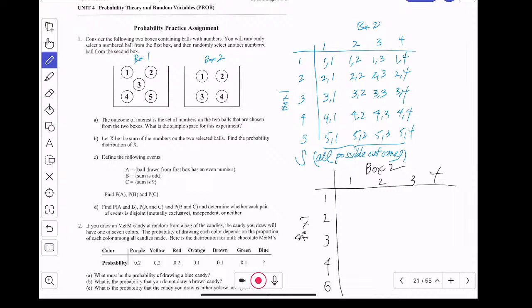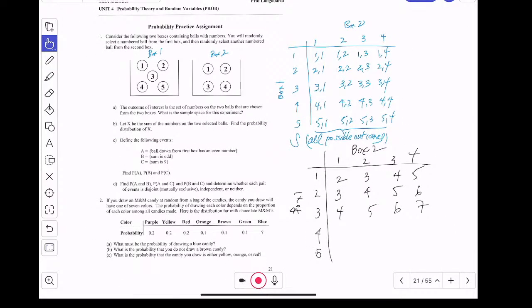So if I sum these, this becomes 2, 3, 4, 5. This becomes 3, 4, 5, 6. This is 4, 5, 6, 7. And 5, 6, 7, 8. And 6, 7, 8, 9.